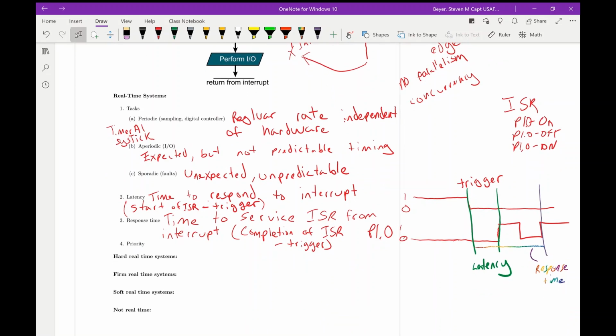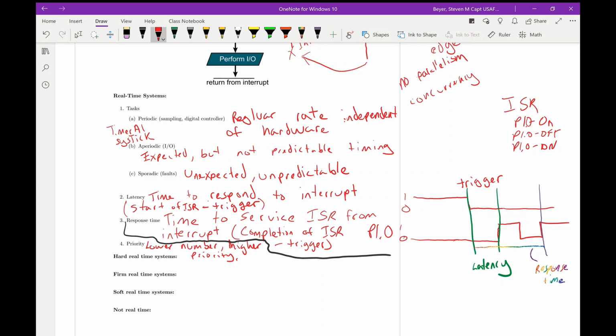All right, so let's talk about priority. Every interrupt has priority. We started setting priorities for our interrupts last lab. The thing to note here is that the lower the number, the higher the priority.